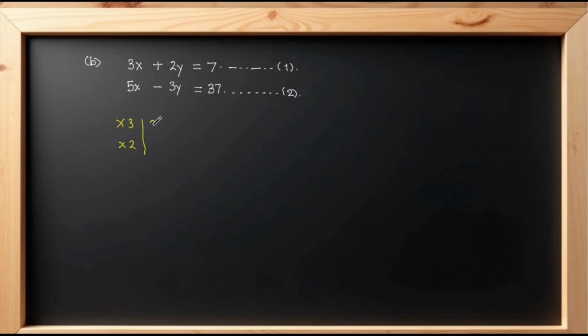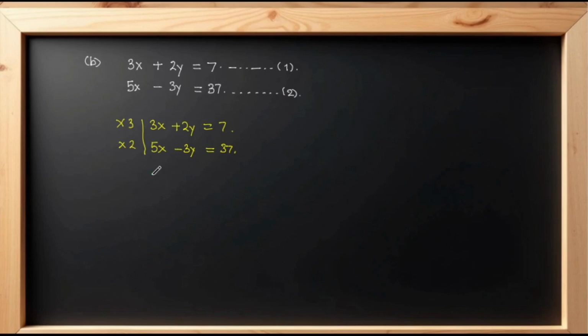So we have here 3x plus 2y equals 7, then 5x minus 3y equals 37. Let's multiply these equations to get their new results.